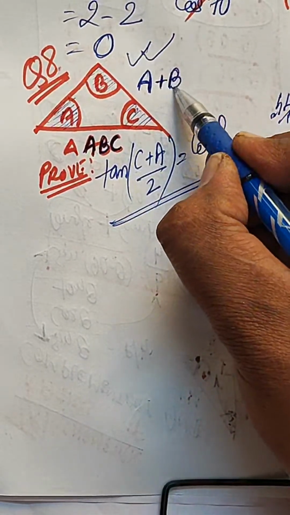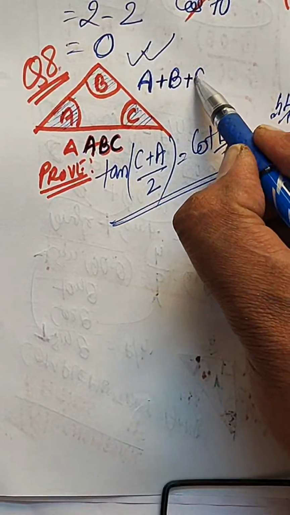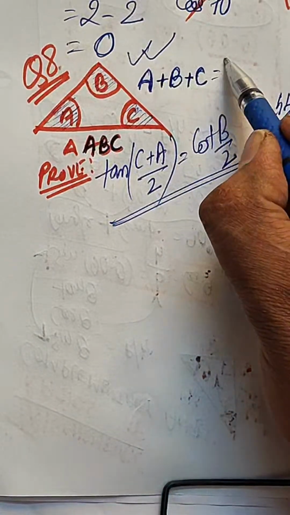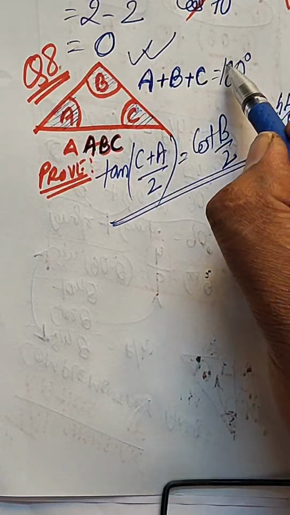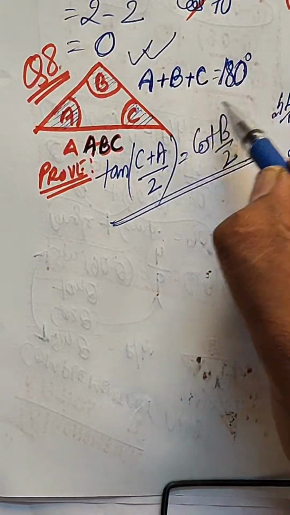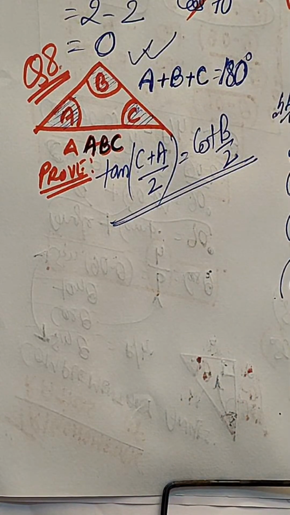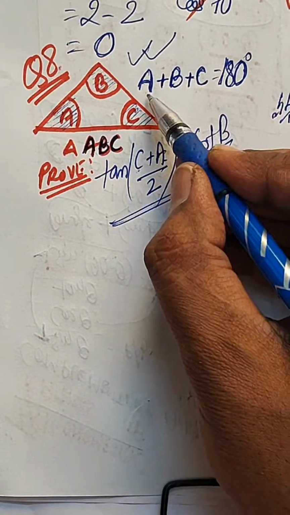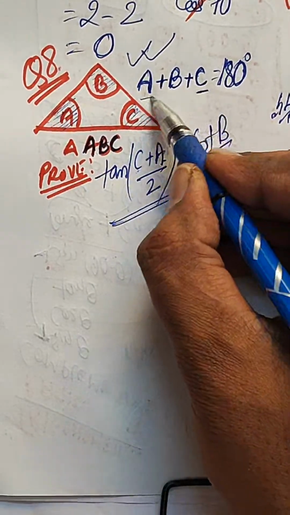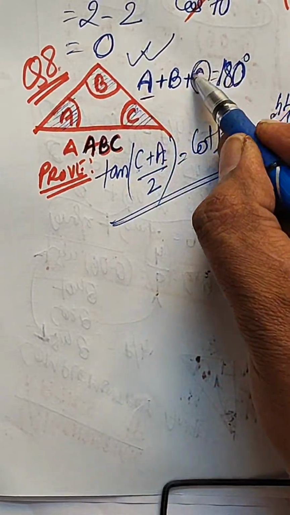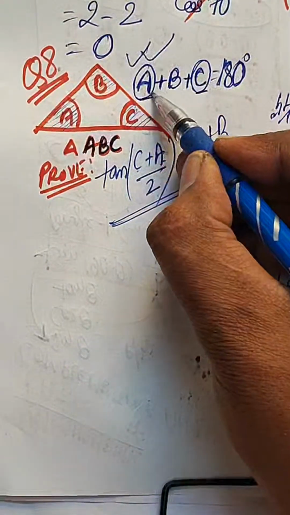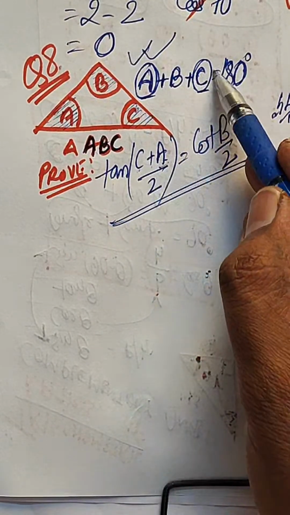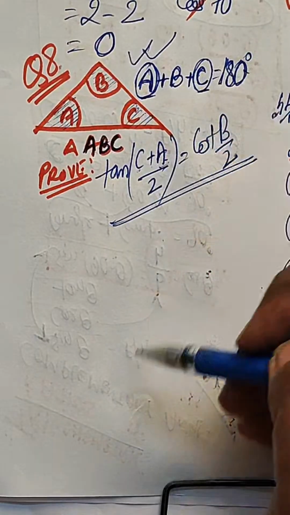A plus B plus C is equal to 180 degree because it's a triangle. Everyone knows it, right? Now C plus A, here it's C, here it's A. So C plus A can be replaced as 180 minus B.